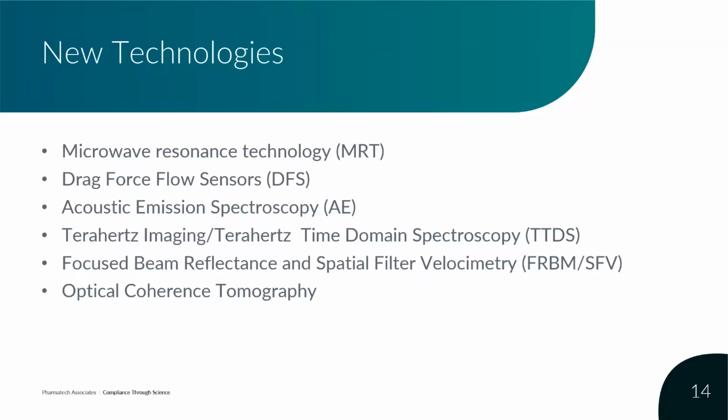And a laser in, for instance, a focused beam reflectance probe scans back and forth across the sensor and backscatters some of the light.